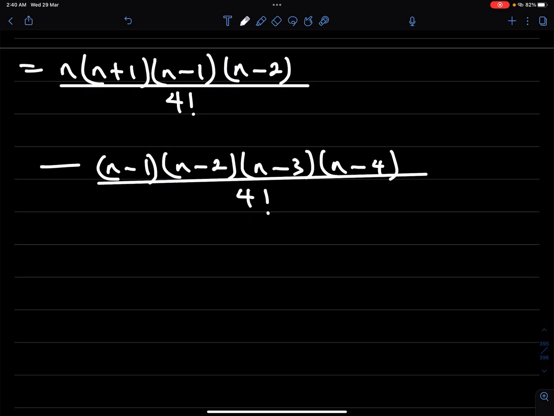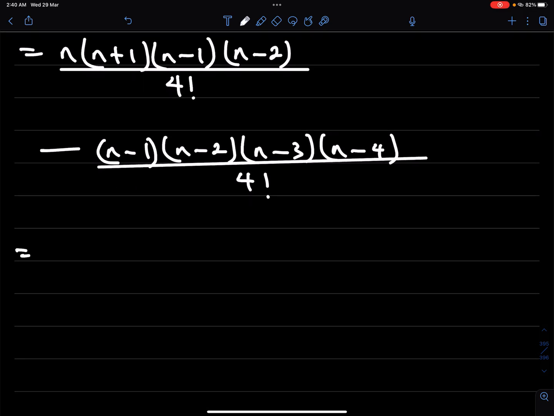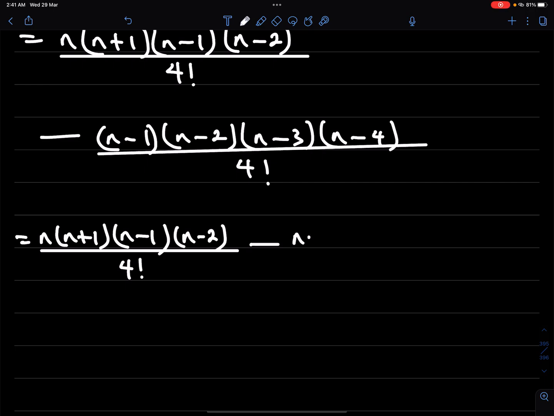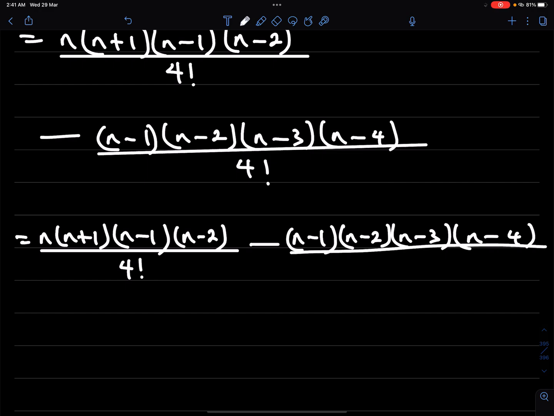Now let me try and write the two fractions on a single line so it's easy for us to see what we're supposed to do. Times n minus 2 over 4 factorial, minus, I hope that space contains it, n minus 1 times n minus 2 times n minus 3 times n minus 4 over 4 factorial.